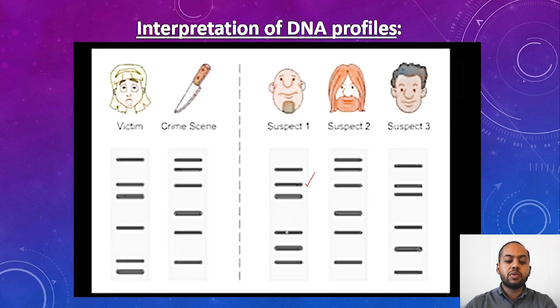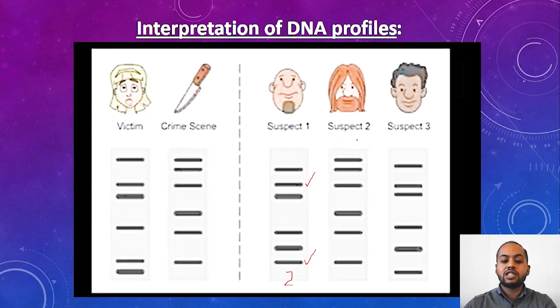I go to the next bar, it matches only the crime scene. You therefore cannot take it. If I go to the last bar, you can see the last bar matches the crime scene and the victim. There are therefore 2 bars that match for suspect 1. So at the bottom, I'm going to write that there are 2 bars that matched for suspect 1.